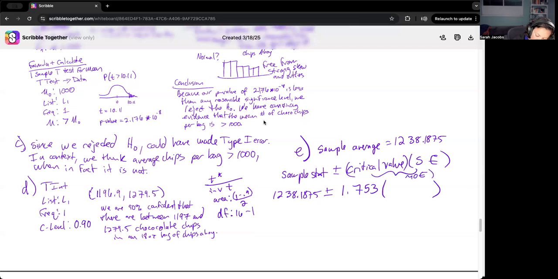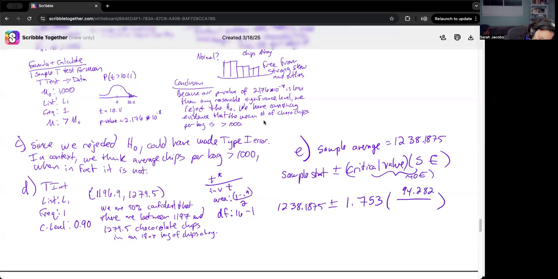Okay, so right now we have our standard error. It's the standard deviation, which we can get from our 1-var stats. It'll all still be in there. The sample standard deviation is 94.282 divided by the square root of 16. So we want this part to be half as big.